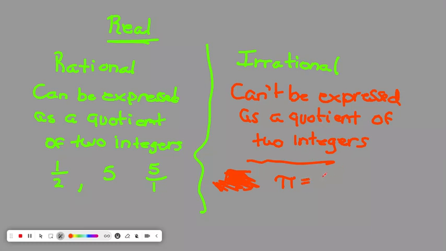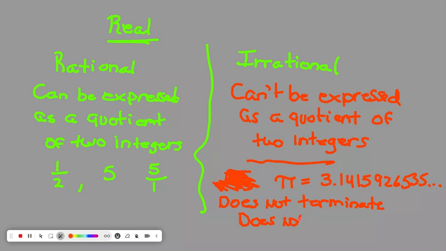So pi, some people just use 3.14 to estimate it, but it doesn't end, right? It's 3.14159265 and so on. It goes on forever. It does not end, does not terminate, and does not repeat with a pattern. There's no pattern to it.